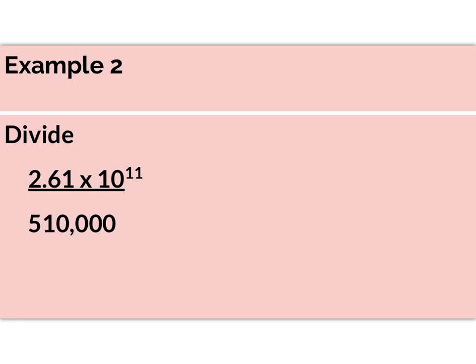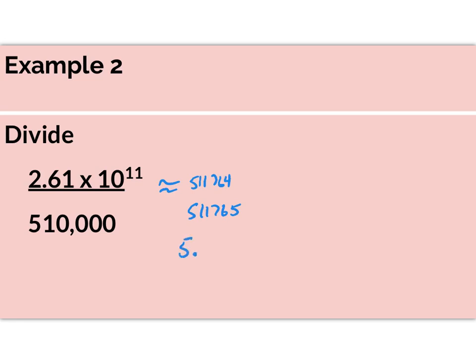Okay, the answer we're going to get is going to be approximately 511,764. And we're not going to worry about anything after the decimal. We're going to round to the nearest whole number. And now let's convert this back into scientific notation.